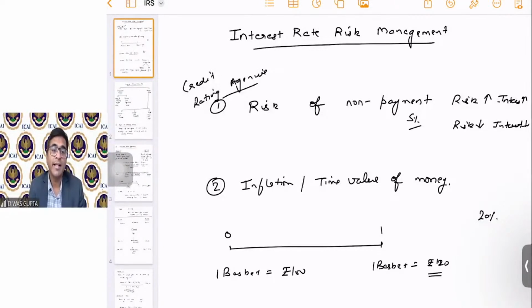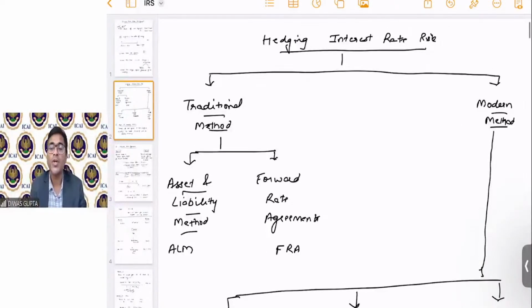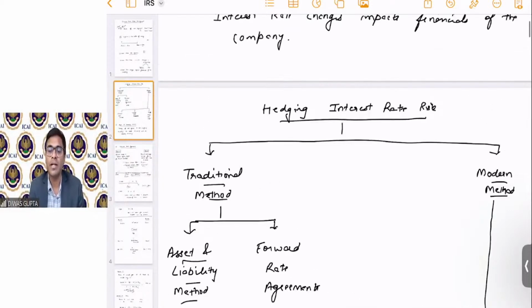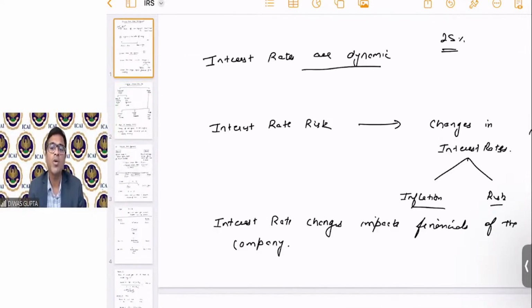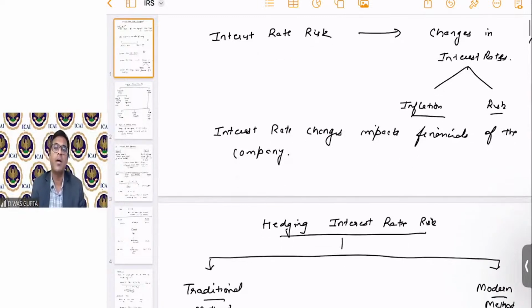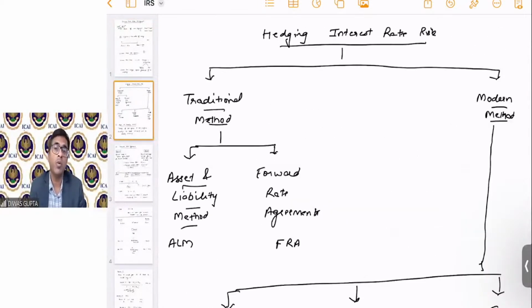Now we discuss that since the interest rates are bound to change because of some of the interventions done by the central government, that means through RBI, or because of the market forces, hence there is a need to do the hedging of such interest rate risk. Because today, if I have borrowed some amount at a floating rate and tomorrow the interest rate goes up, I am sitting at a P&L exposure.